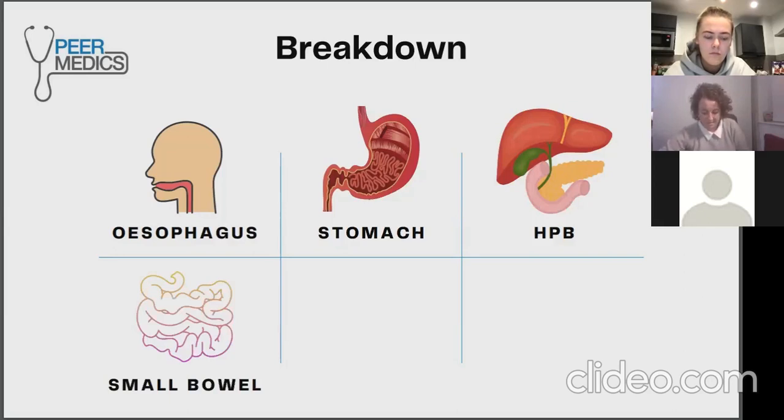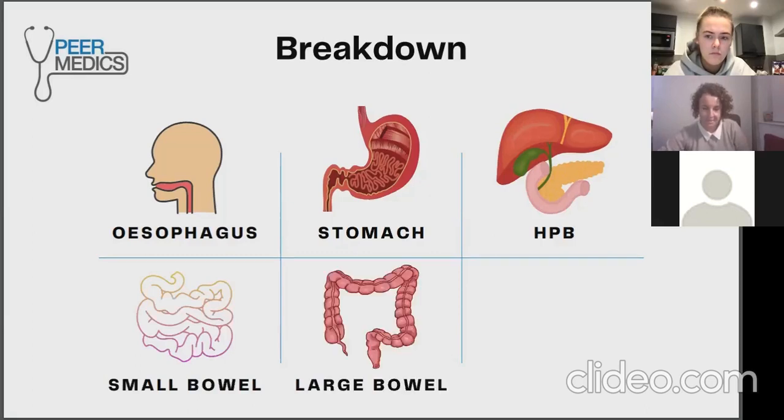You've got many conditions there. Presentation-wise, you've also got obstructions, perforation and melaena. And in terms of anorectal conditions, you've got hemorrhoids, cancer, sinuses, fistula, abscesses, fissures, prolapse, and various conditions there.